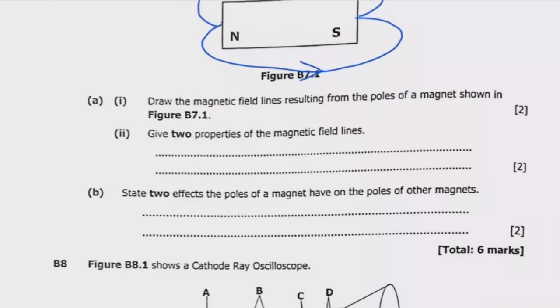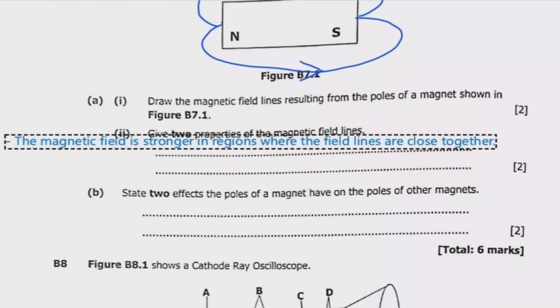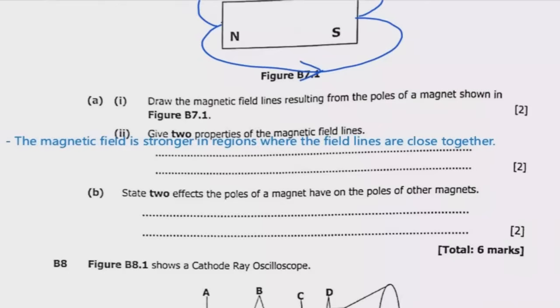The first property I can share with you is that the magnetic field is stronger in regions where the field lines are closer together. So the closer the magnetic field lines are, the stronger the field.